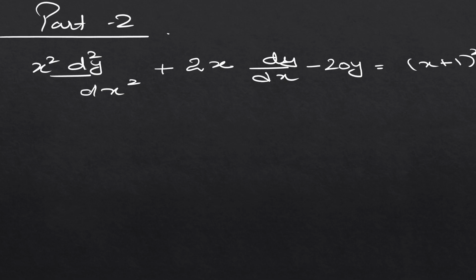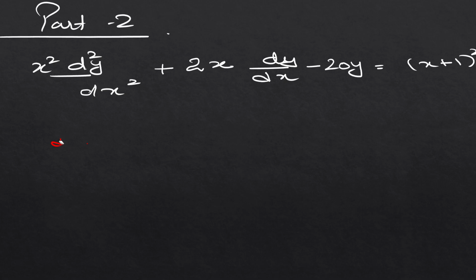Now the question given on the screen is x square d square y by dx square plus 2x dy by dx minus 20y equal to (x plus 1) whole square. So let's do it. First of all, we will write this equation in symbolic form. We know that we can write d as d by dx.